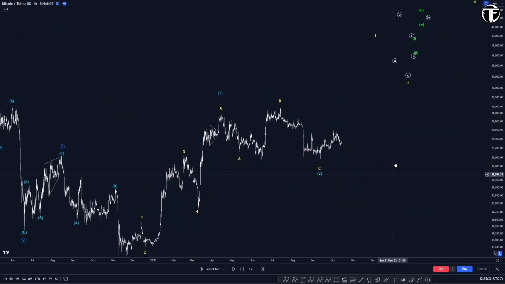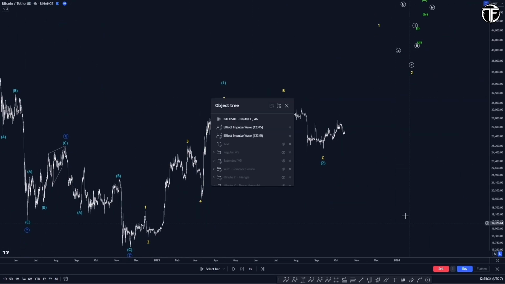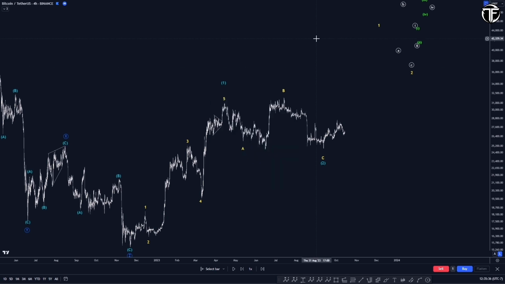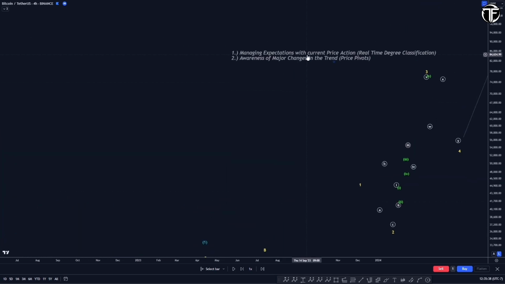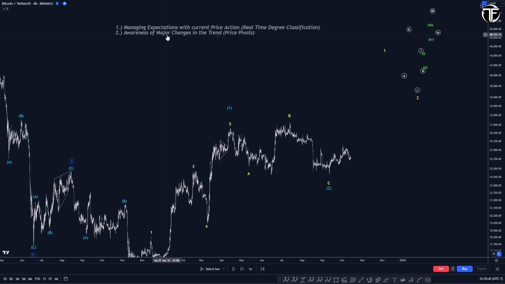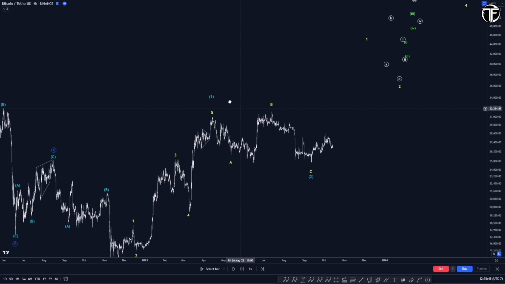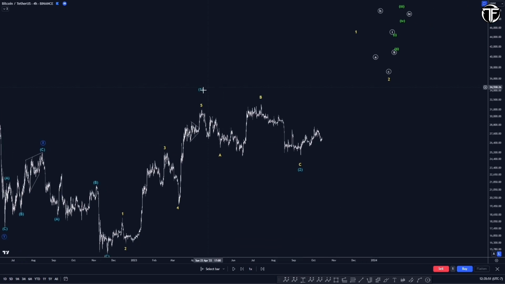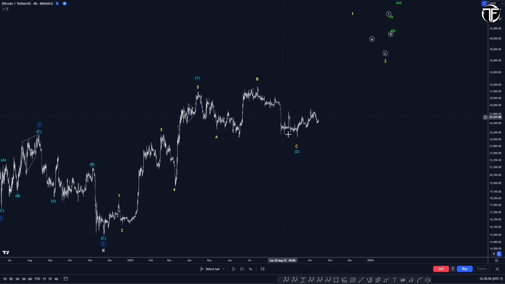So, number 1 helps with managing expectations in real time. Number 2, awareness of major changes in the trend, price pivots. I touched on it a little bit when I was going over it, but what I mean by major changes in the trend is when you have multiple degrees lining up.